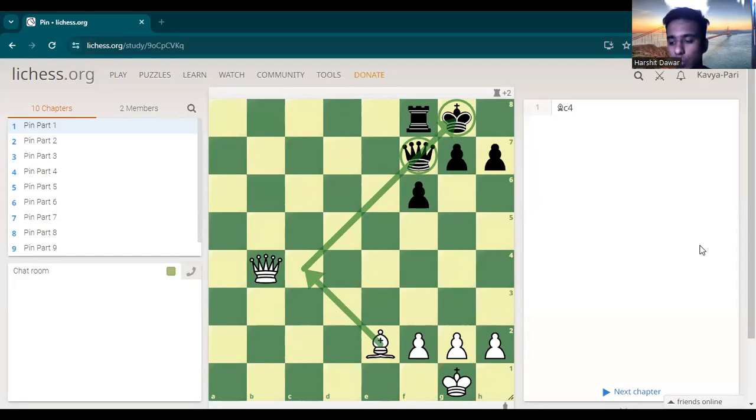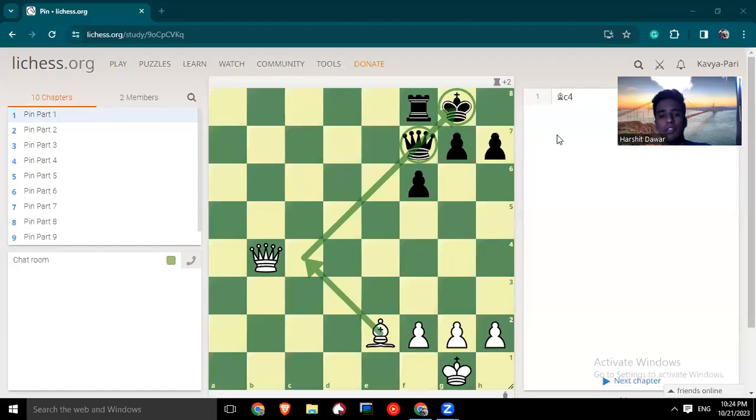So, to be specific about the definition, what's a pin in very simple, layman language?